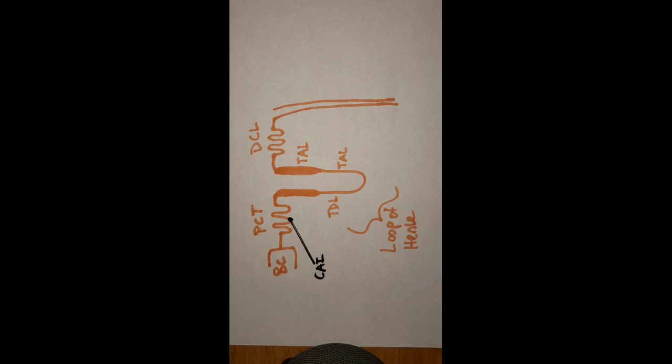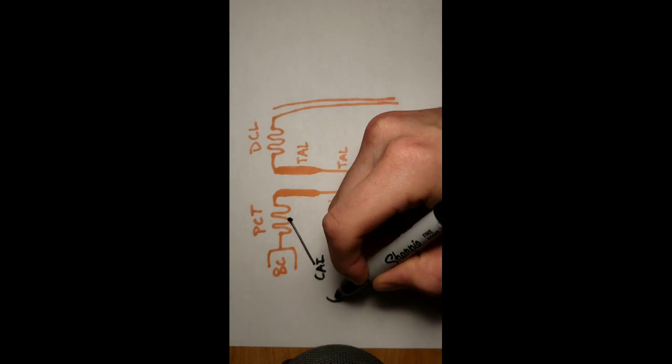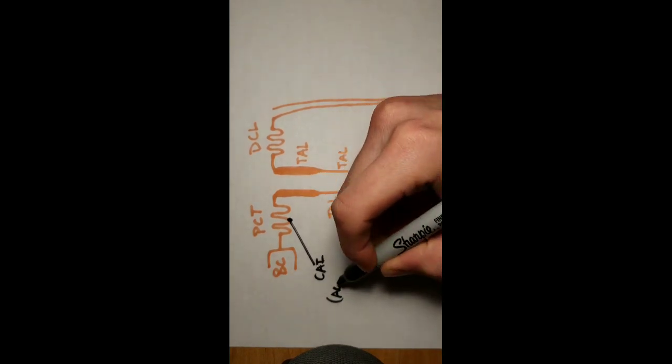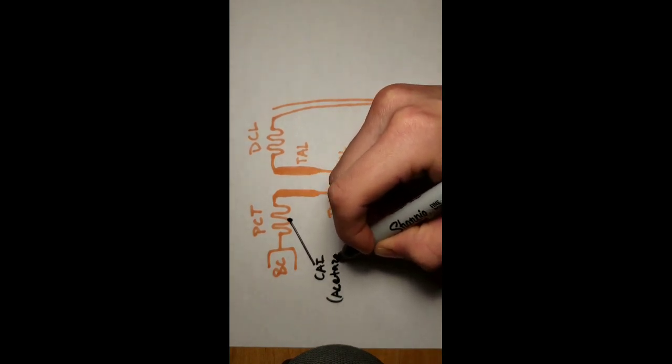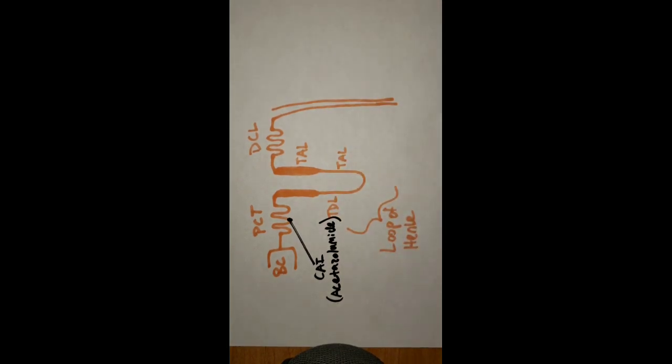That results in increased diuresis because you're creating an osmotic effect that's pulling more water into the tubules of the nephron. One common drug within this class is called acetazolamide. That is a common carbonic anhydrase inhibitor.